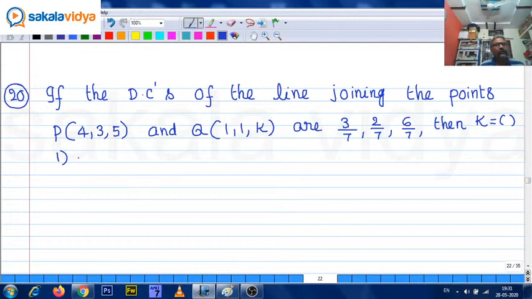First option -1, second option 11, third option 1, fourth option -11.